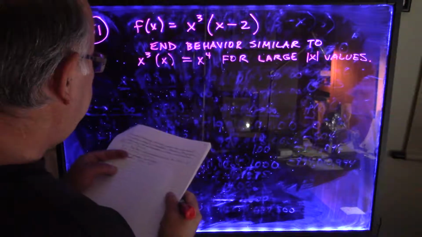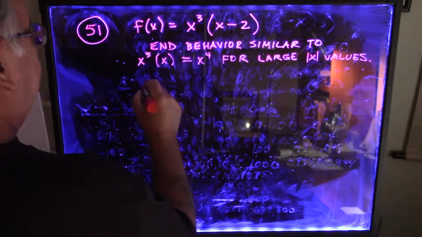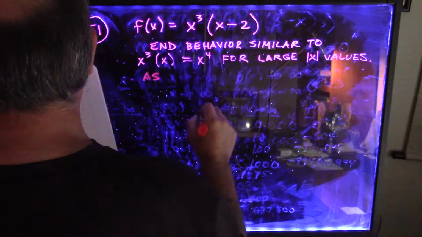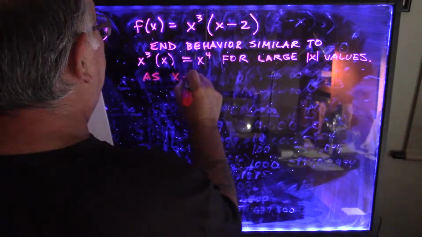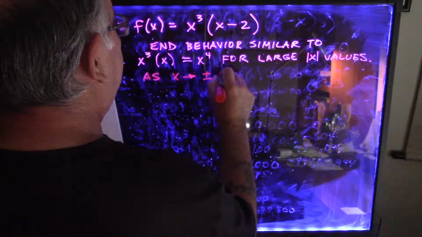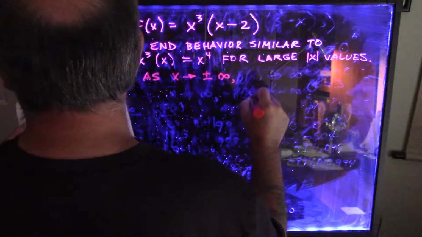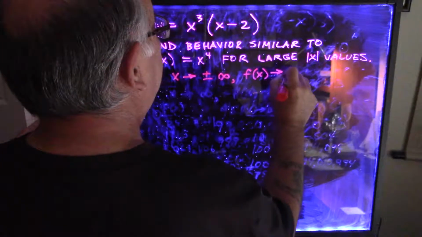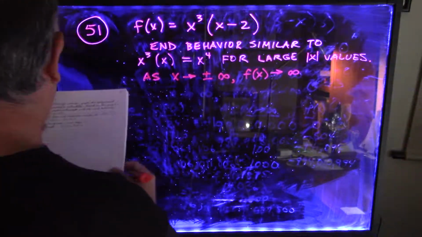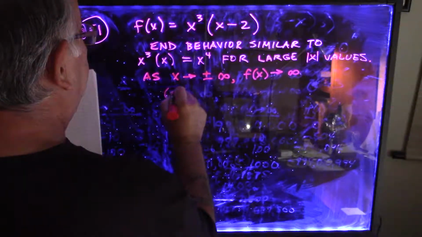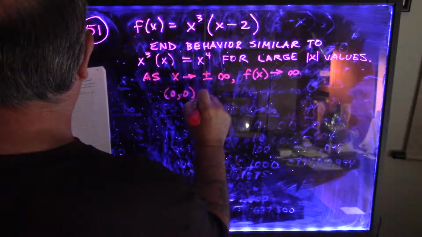Alright? So we can predict the end behavior without drawing the graph. As x goes to plus or minus infinity, then f of x goes to positive infinity. Okay? And the intercepts are (0, 0) and (2, 0).